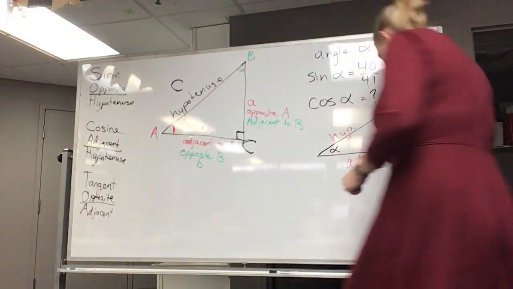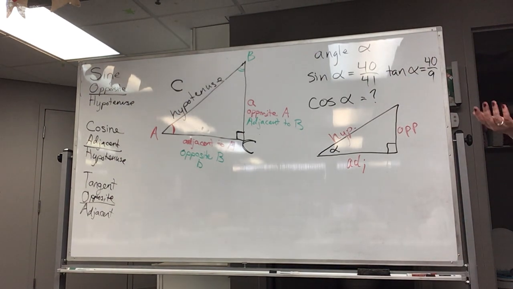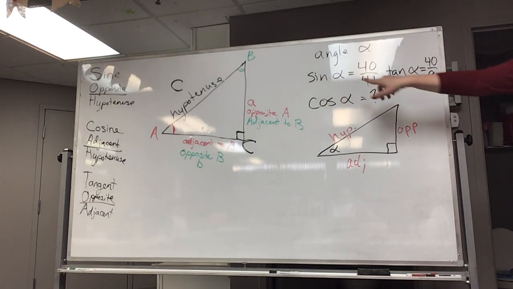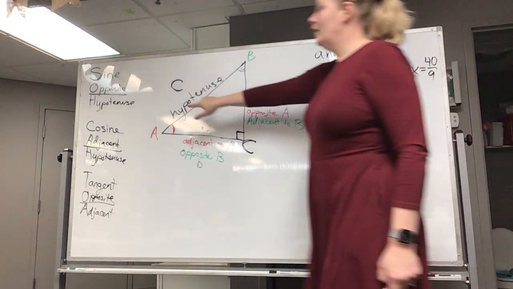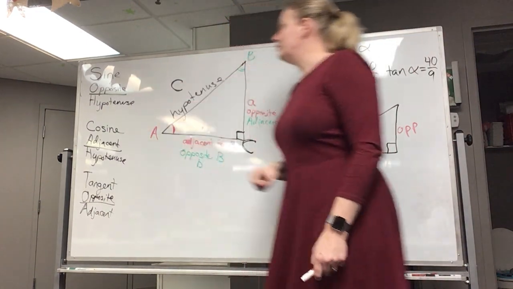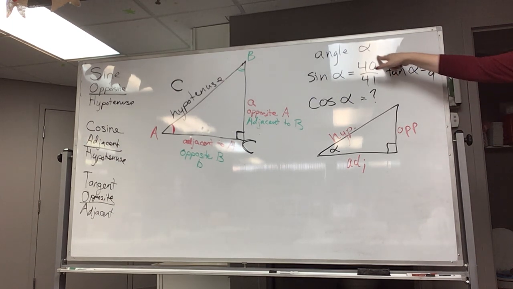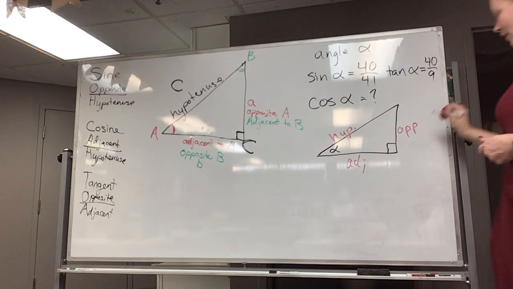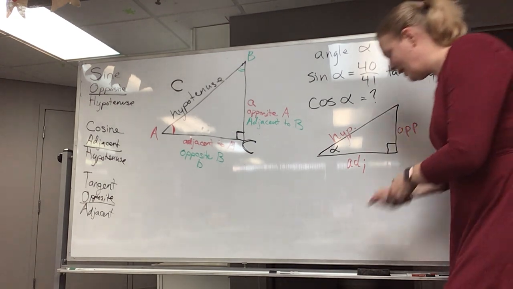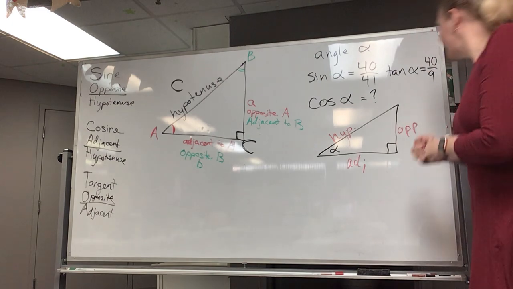So, let's talk about sine. Sine is literally the opposite over the hypotenuse. If sine is the opposite over the hypotenuse, what's our opposite? 40. So our opposite is 40.